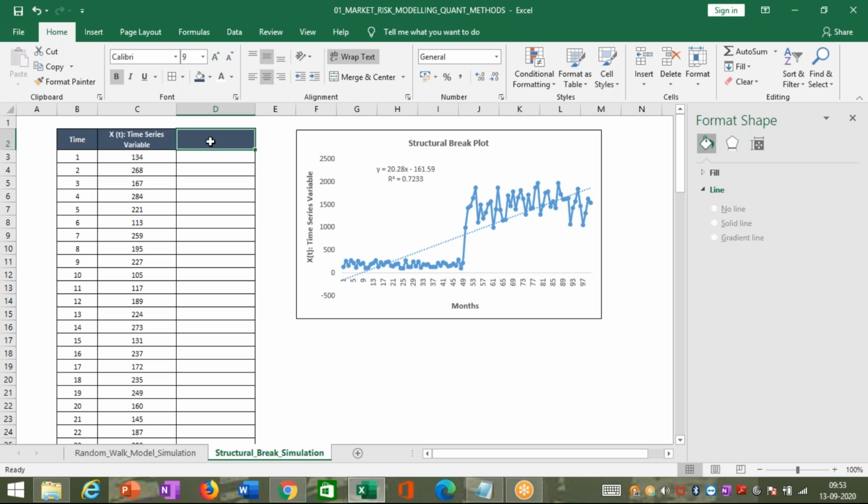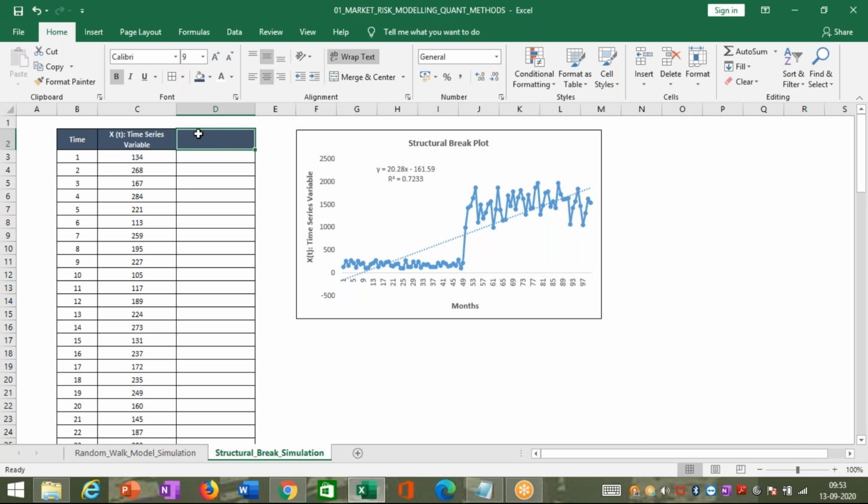Now note that the regression coefficient of the AR1 process is estimated through the OLS estimation process. Right. Well, so we'll see how it gets done. But over here, I will be using an auto-regressive model.